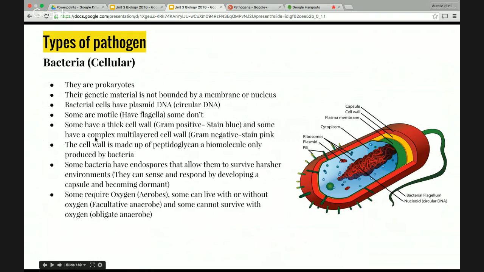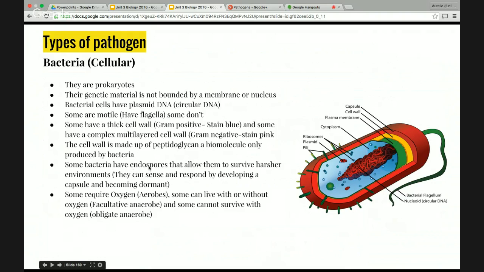And some have a really complex multi-layered cell wall, and those ones are gram-negative, which means they stain pink. So it's the exact same stain, but the gram-positive look blue down the microscope, the gram-negative look pink down the microscope.